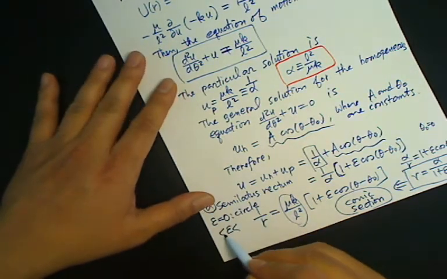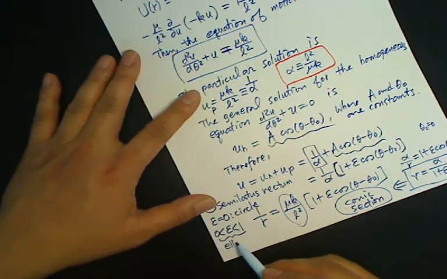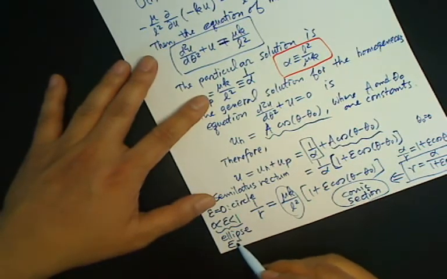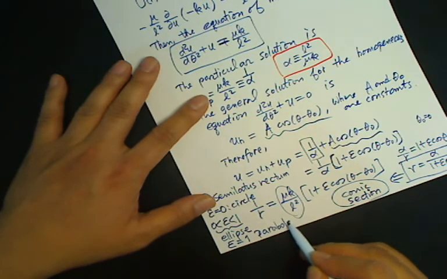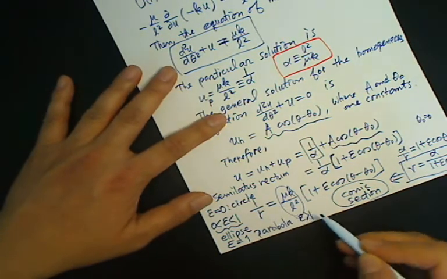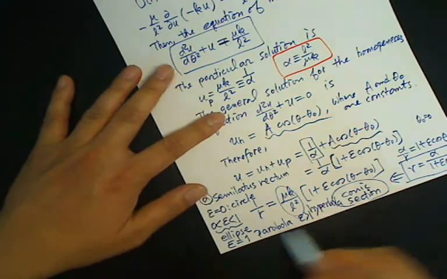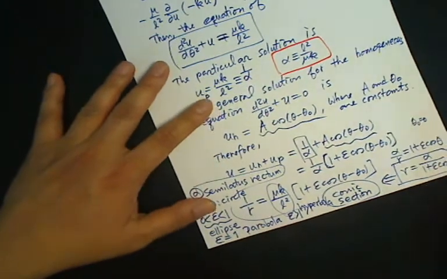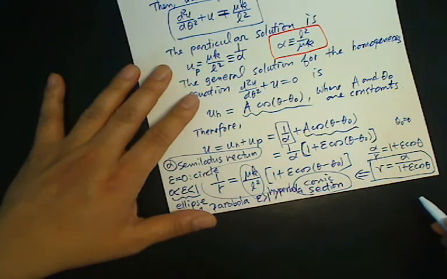Epsilon between 0 and 1 is an ellipse. Epsilon equals 1 is a parabola. Epsilon greater than 1 is a hyperbola. And all these conic sections are completely determined by this simple polar equation.